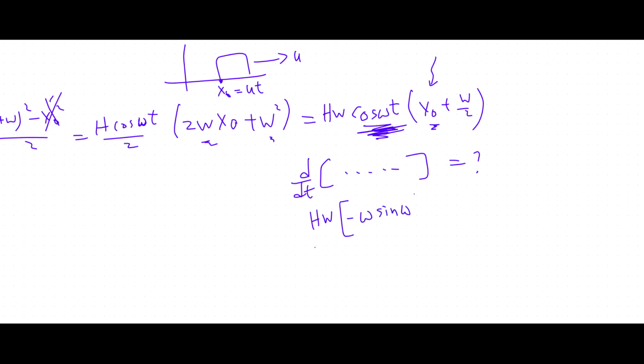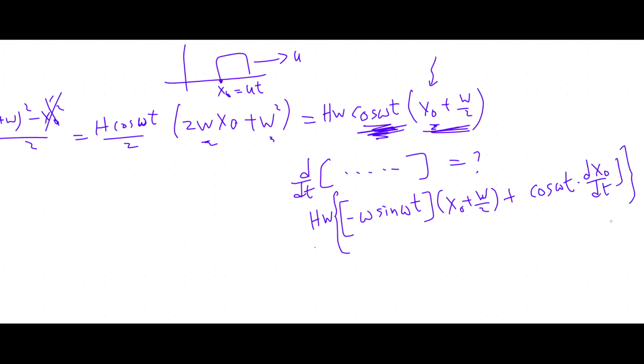And then the second function, I'm just going to copy it. Correct? Plus, I'm going to put everything outside. Plus the first function, cosine omega t, times the derivative of the second function. So that's just dx naught dt.